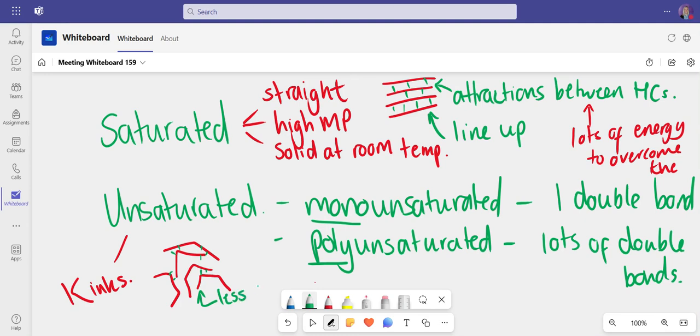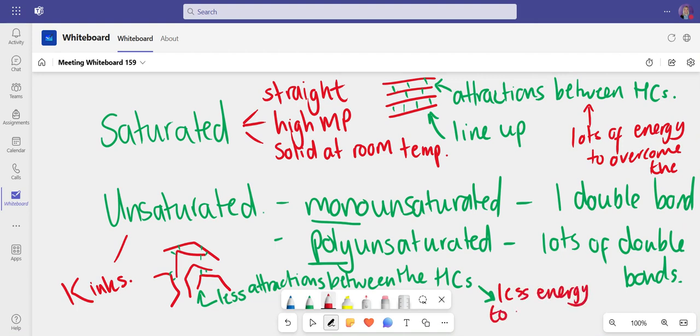So you've got less attractions between the hydrocarbons, and therefore you need less energy to overcome them. Just realised I never put the M on that one. Overcome them. And therefore they tend to be a liquid at room temperature.